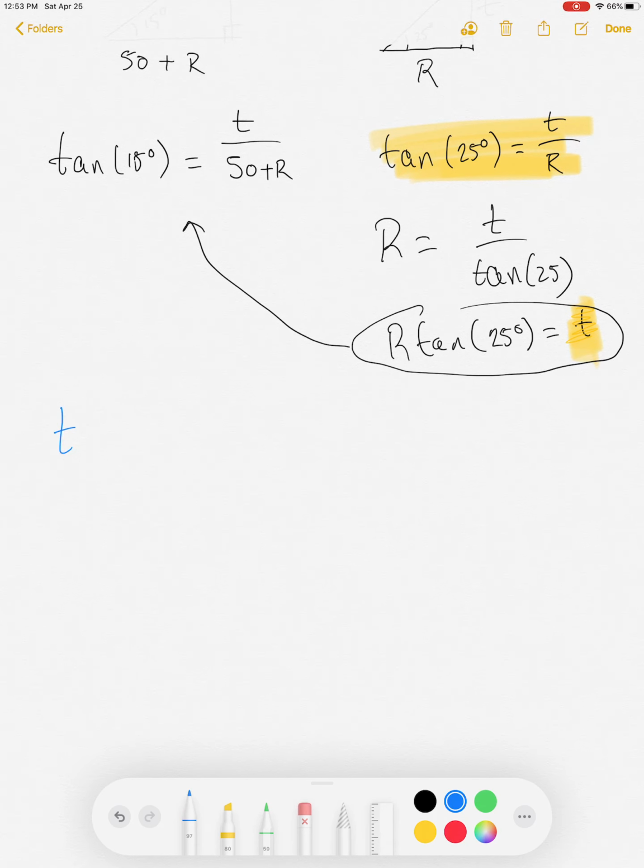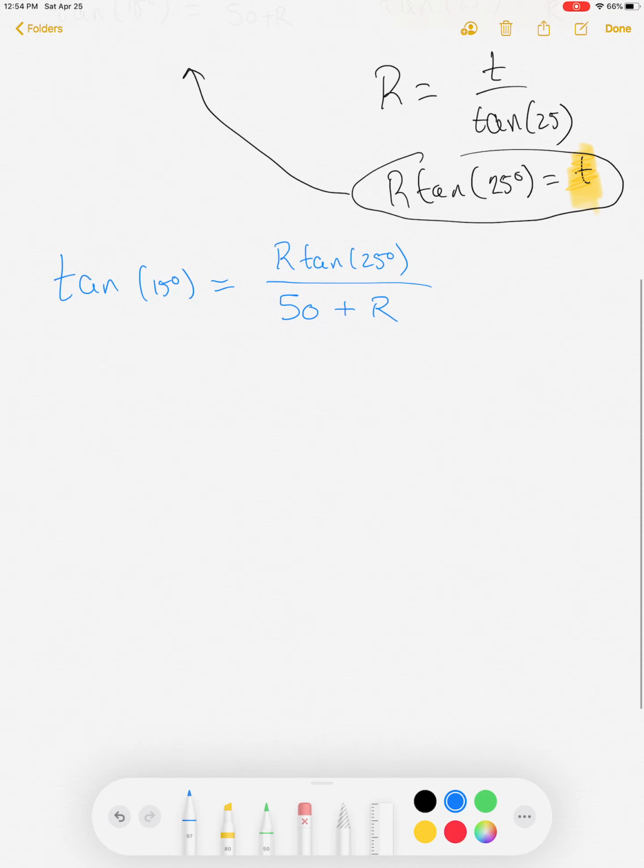So then I have the tangent of 15 degrees equals T, but T is R times the tangent of 25 degrees, and that's being divided by 50 plus R. And so to find the width of the river, all I need to do now is solve for R. So how do I solve for R, right?